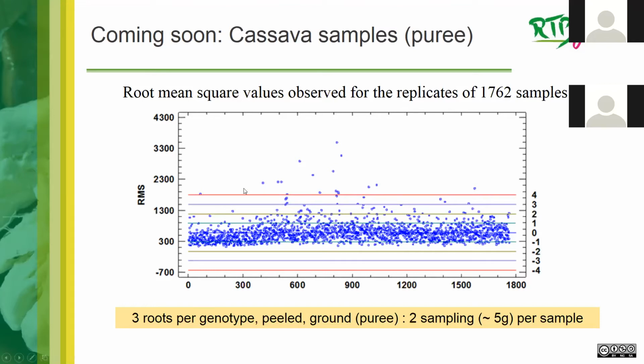Then we calculated the RMS value for all the replicates, and prior to doing the calibration, we decided to check all the outliers, and in some cases we removed these samples prior to calibration, so we didn't send these samples to lab determinations because we thought that there was a problem with the spectra. So you see that for more than 1,700 samples, only a few samples were rejected, according to our choice to do only 2 samplings per sample.